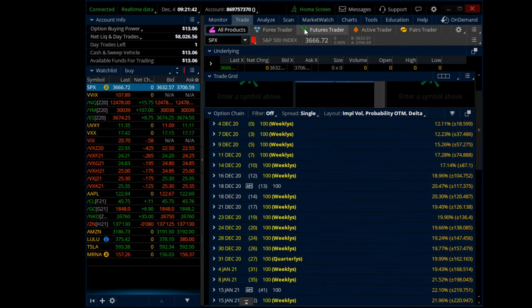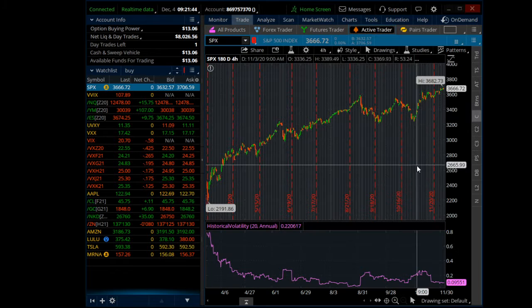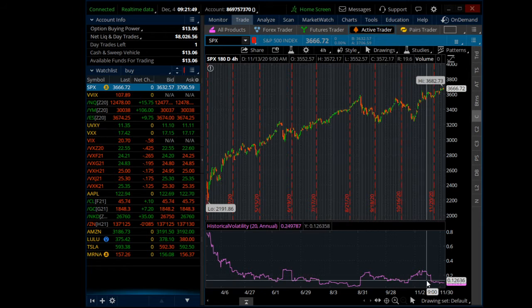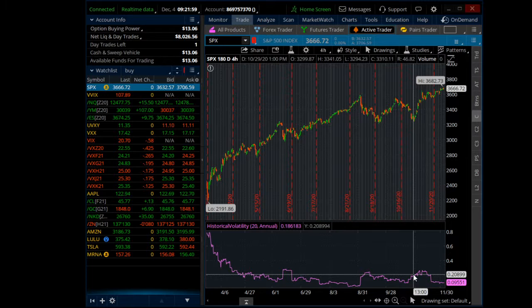Realized volatility is what actually happened, and we are way lower than implied over the last couple weeks. You can see right now it's showing 9 in the volatility number, and if you look back in time, we were only over 20 very briefly in the last couple months.